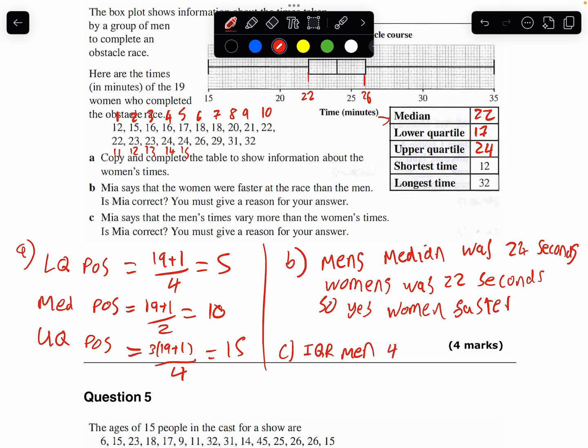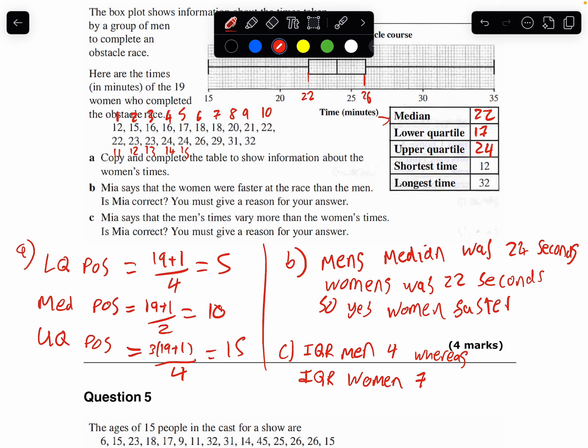Whereas interquartile range for women, the difference between here and here, is going to be 7. IQR women is 7. You can just write IQR, you don't have to write interquartile range. No one can be bothered doing that.